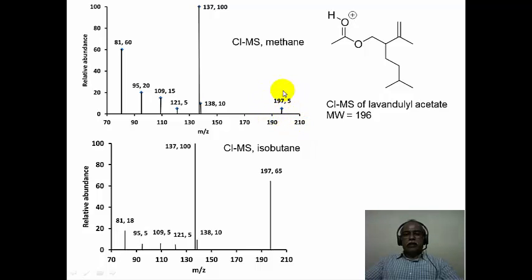So the protonated species is what is registered with methane as a reagent gas in the chemical ionization mass spectrum. When isobutane is used, the protonated species is much more abundant than with methane as the reagent gas, and the chemical ionization mass spectrum using isobutane essentially gives the protonated species of lavendulyl acetate.